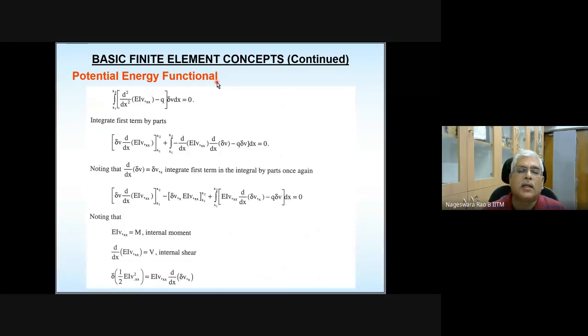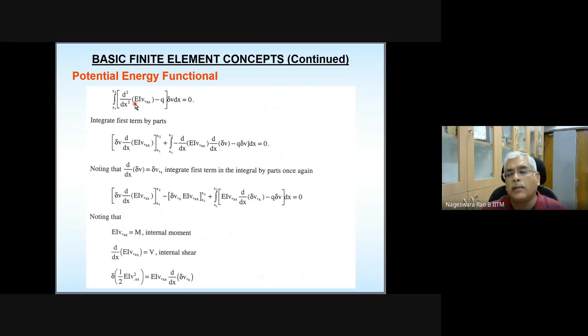For both cases, we derived the potential energy functional, and also the two node beam element shape functions. So this is the potential energy functional.